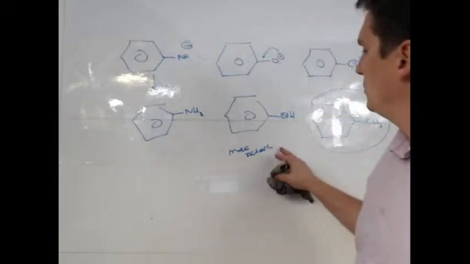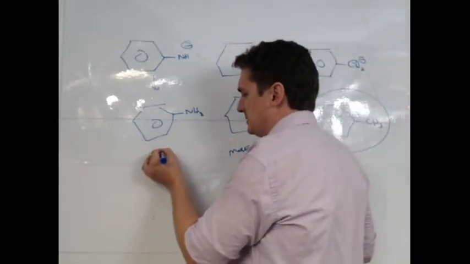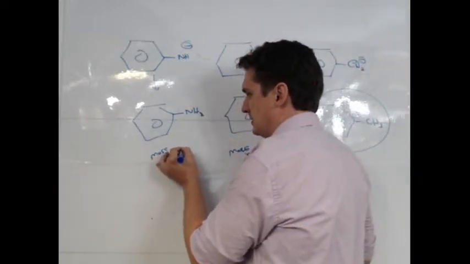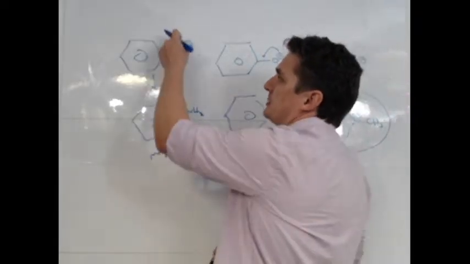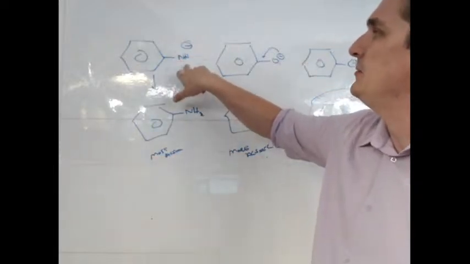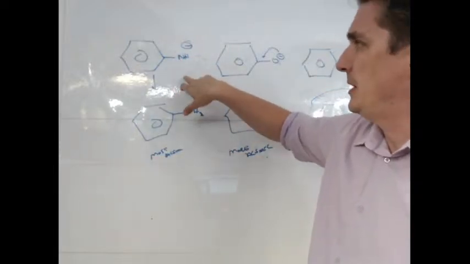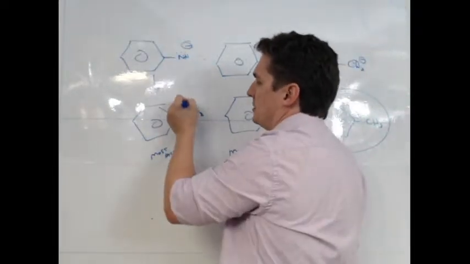Now, what makes this the most acidic is that when we form this ion here, we actually have two ways to resonance stabilize. We can resonance stabilize with the lone pair that we form by extracting the hydrogen, or with the existing lone pair that's already on the nitrogen.